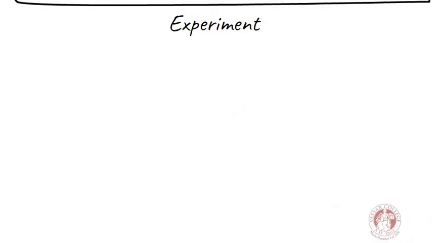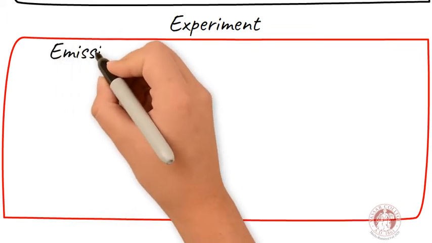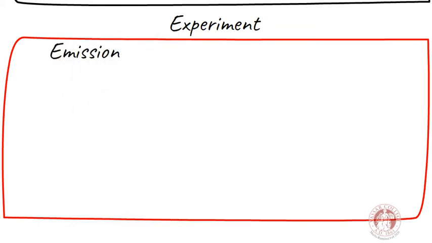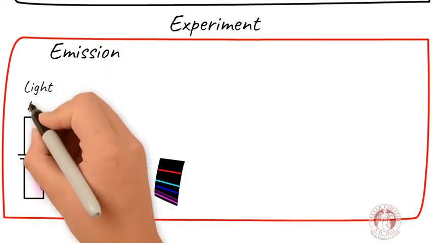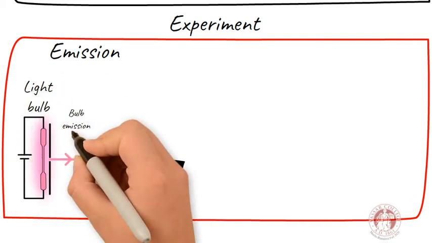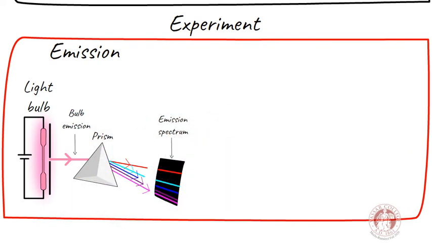Let's review what the experimental setups were. For the case of the hydrogen emission, the radiation generated was passed through a slit to reduce the size of the beam. Then it passed through a prism to separate its components, and finally projected on a screen. Years later, the use of photographic plates became popular.